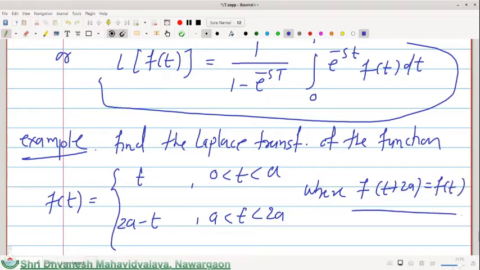So whenever you see this, it should be clear to you that 2a is the period of the function f. Okay, so f of t is a periodic function, so you have to use this equation.